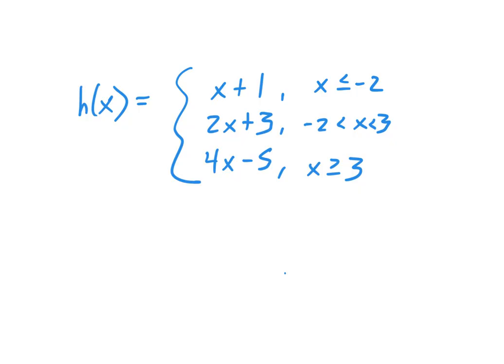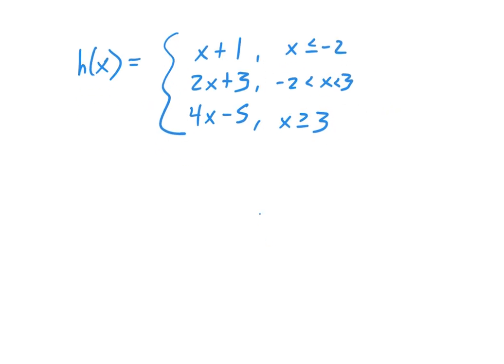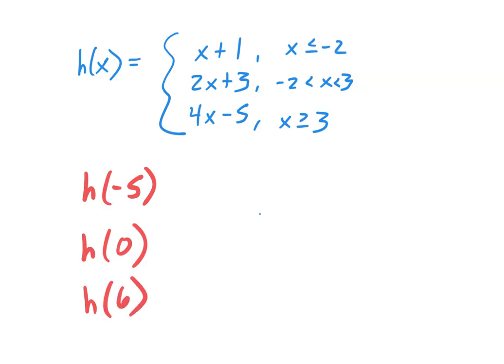Okay? And so once again, I could do some evaluation here. I could say, let's do h of -5, h of 0, and h of 6. We got 3 different equations to choose from here. -5 is less than or equal to -2.